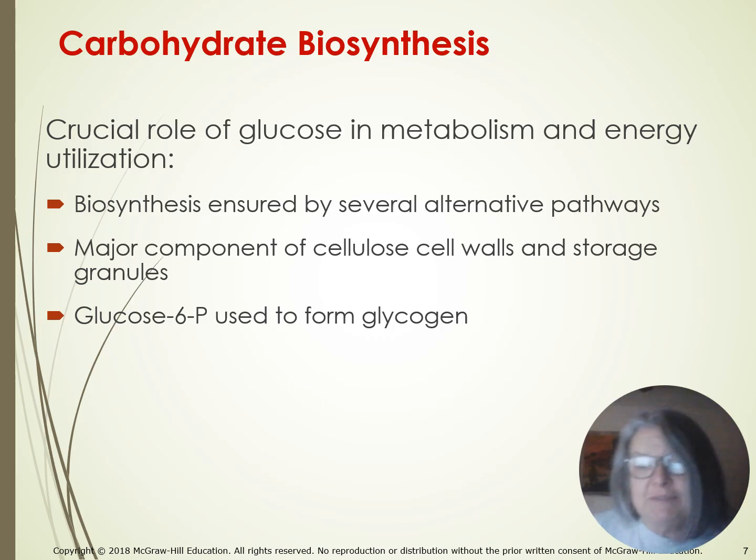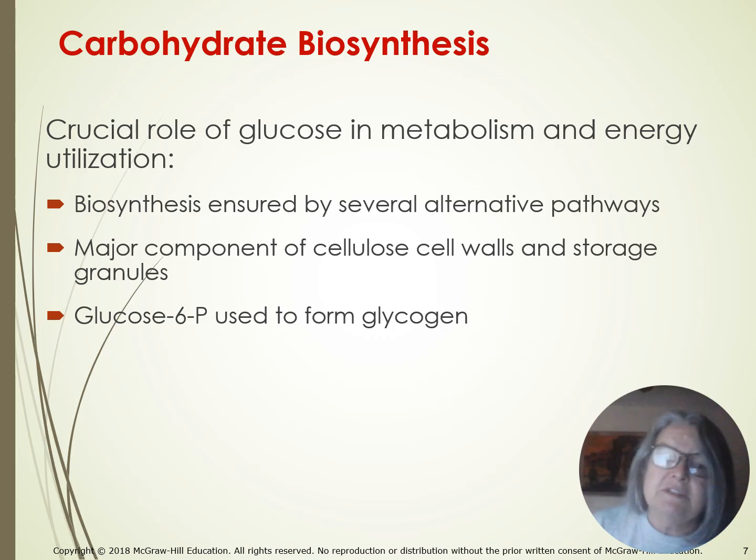When you start metabolizing proteins or amino acids for energy, that's not a good condition for the cell to be in, and they would rather look for other sources of nutrients like carbohydrates, especially if they're metabolizing their own proteins. So a crucial role in glucose metabolism is biosynthesis through all the different pathways that we've looked at.